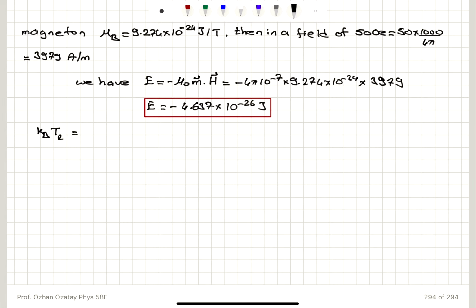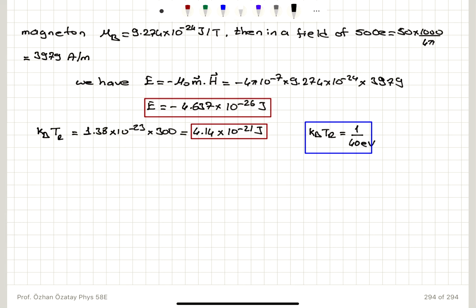So this is the value of kT at room temperature. Now you should remember that the kT value at room temperature is basically 1 over 40 electron volts. So we could have used this instead of remembering the value of the Boltzmann constant. So this is the quick way to remember the kT value.